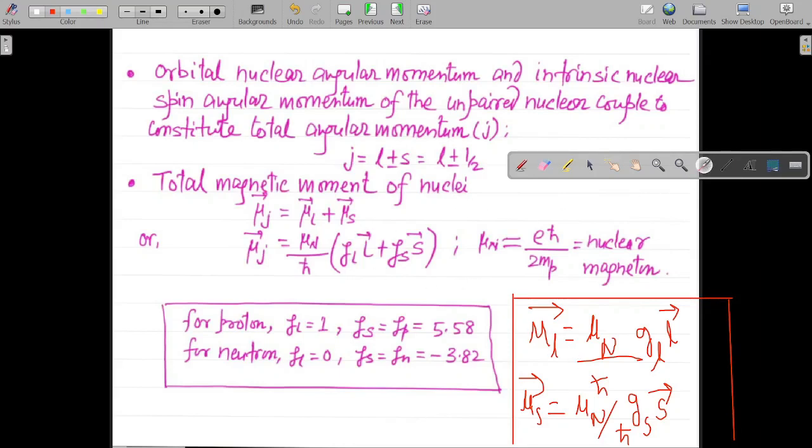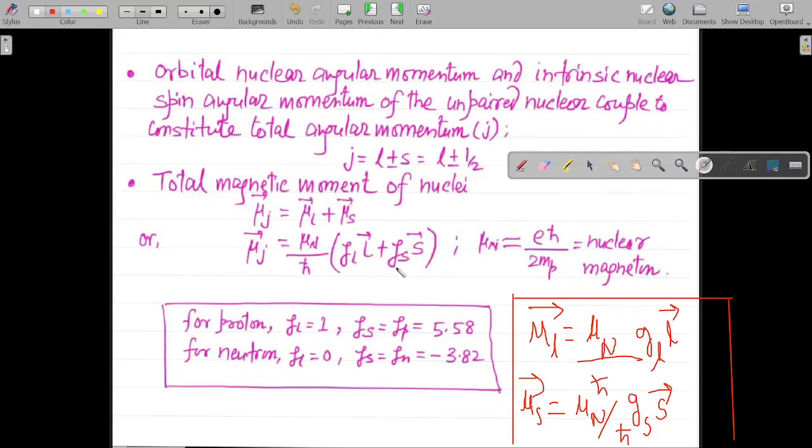When you substitute these two values in this expression, you can take μN by ħ common, and the expression looks something like this.